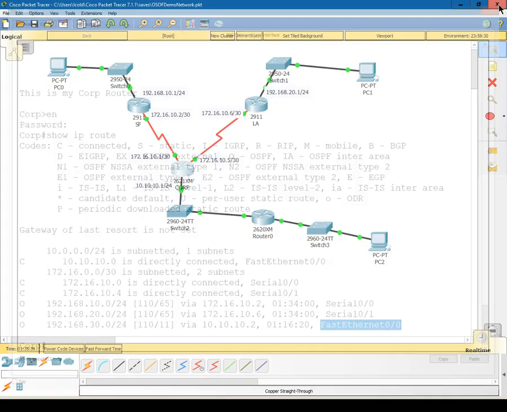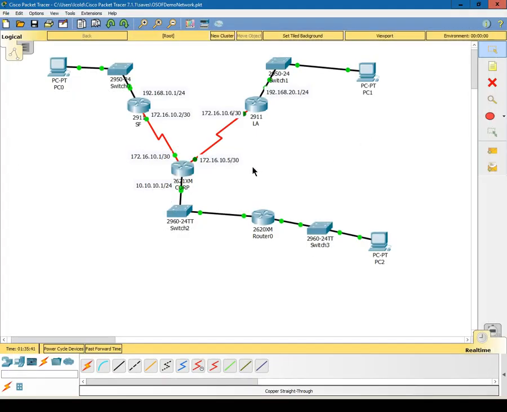Let me close this and we'll look at this. The 192.168.10 network, 10.1, and then this was 10.2, which was the next hop address that was in the route table. 10.6 was the next hop address, and then to get to this one down here, it goes out the Ethernet port.